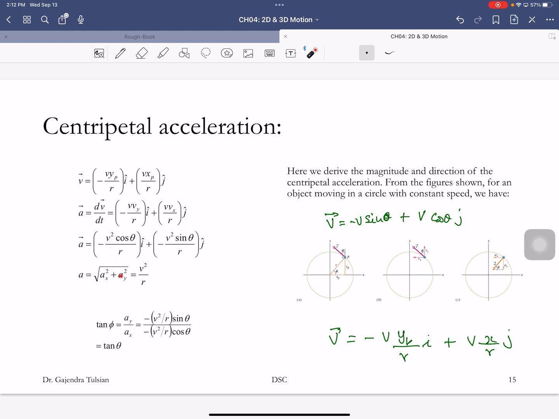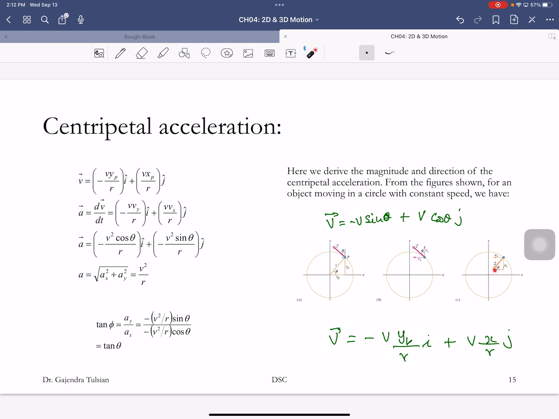And if you calculate the magnitude, you get v squared by r, your speed squared divided by r. That's the centripetal acceleration. And if you calculate the angle, there's the acceleration vector, the x component of the acceleration, and the y component of the acceleration.